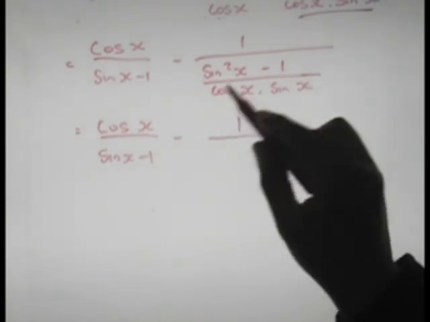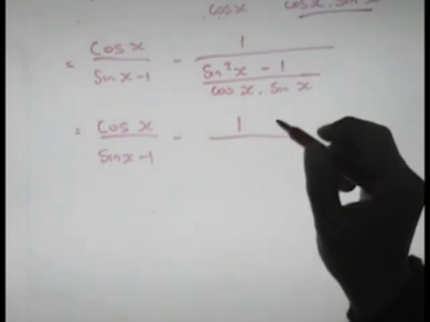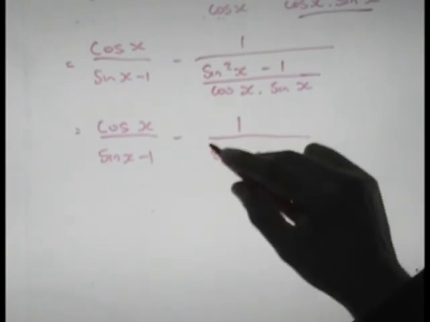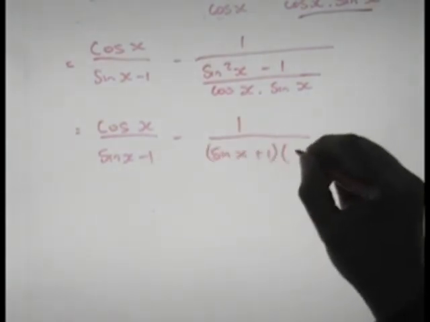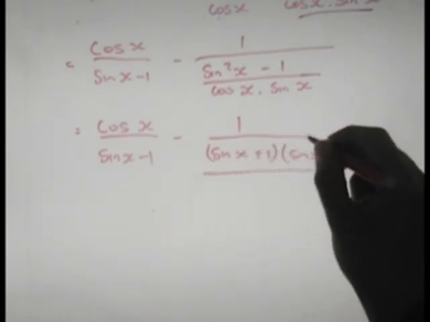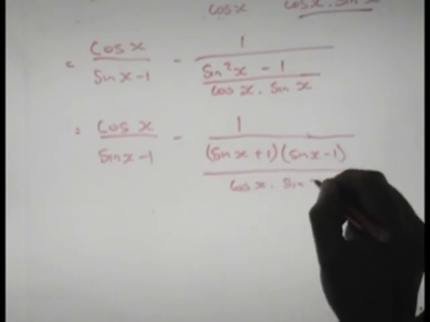That can become sine x plus 1 times sine x minus 1, difference of 2 squares, sine x plus 1 over sine x minus 1, and it's that divided by cos x times sine of x.